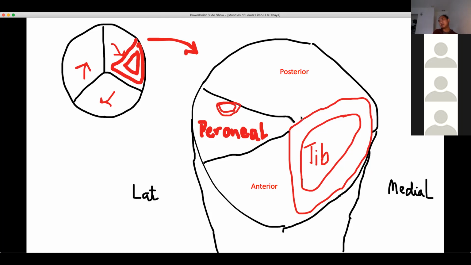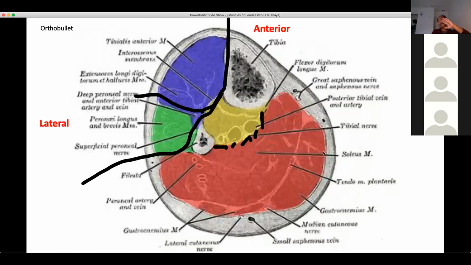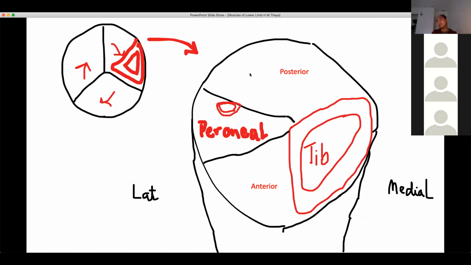The septum goes to the fibula and then to the skin. By doing so, these septa split the leg into 3 compartments: anterior compartment, posterior compartment, and peroneal or lateral compartment.